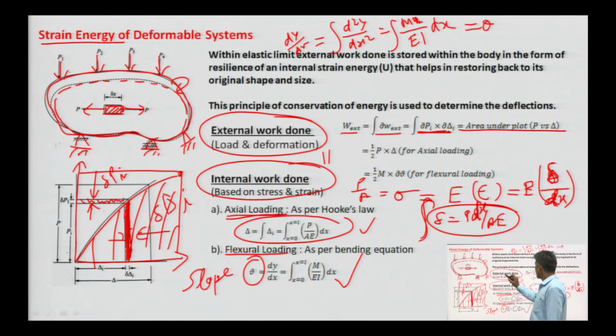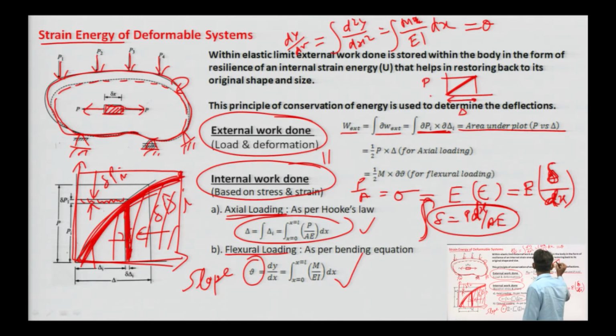Now, the external work done in case of a linear diagram. If instead of this curve I have this type of linear curve, with delta and P, then the area will be half P into delta.